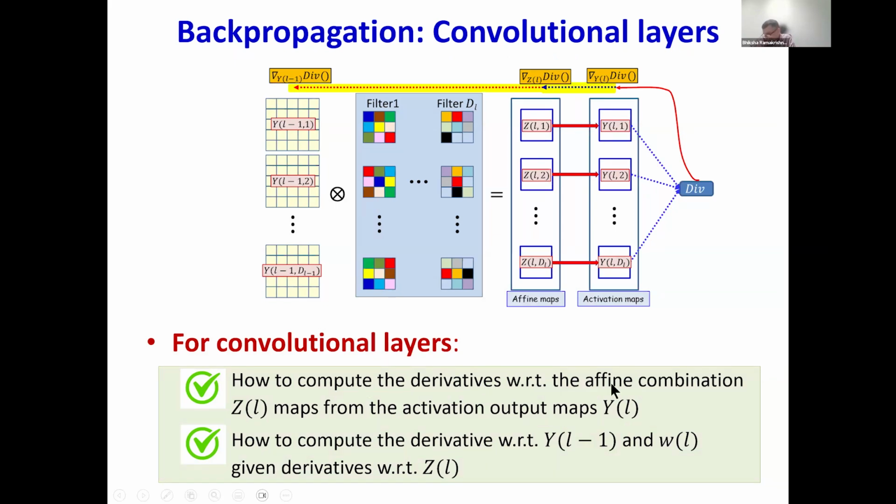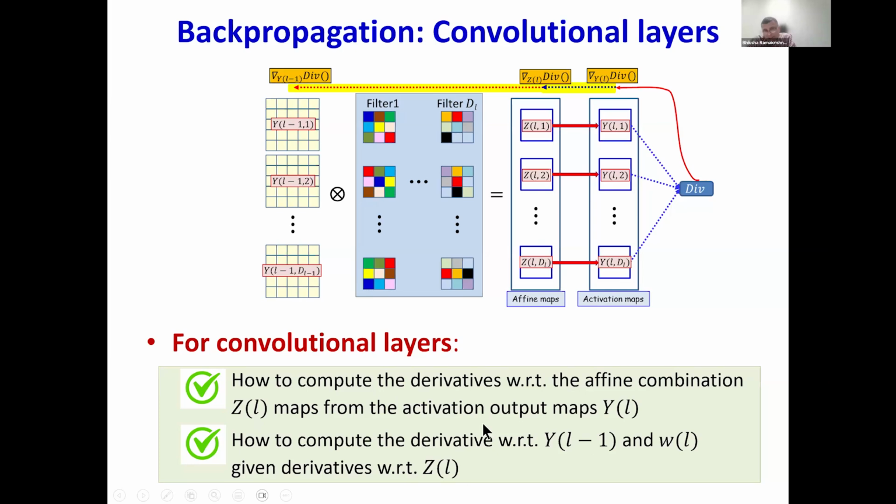But here, we've figured out how to compute the derivatives for affine maps as well as from the output maps, and also how to compute the derivatives for the previous layers and the filters, given the derivatives for the affine terms. So I think what she's speaking of is in terms of computation. It's going to be very slow if you have that many for loops.